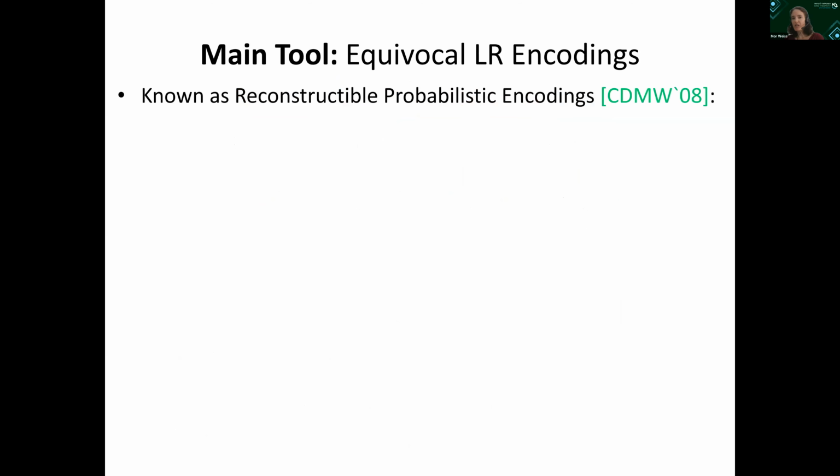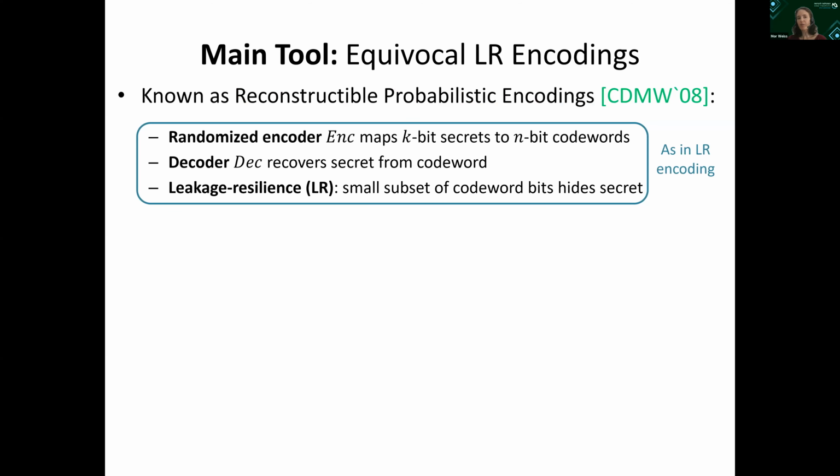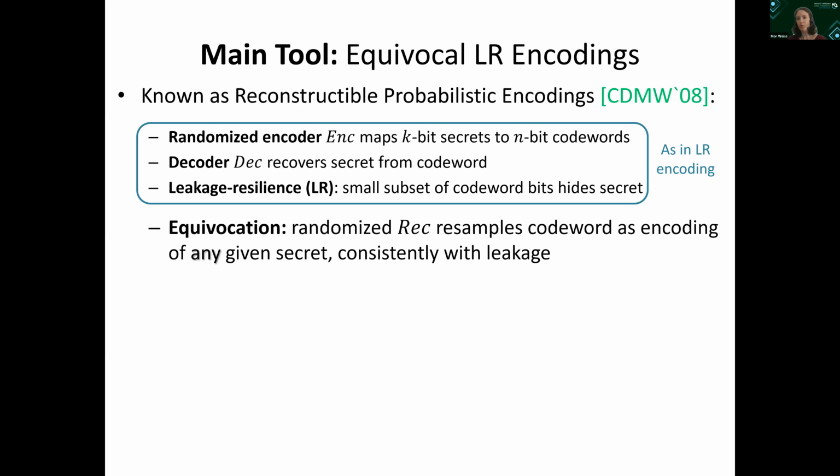So the primitive that we need is not leakage resilient encoding, it's equivocal leakage resilient encoding, also known as reconstructible probabilistic encodings. These encodings have a randomized encoder and a leakage resilience guarantee, as in standard leakage resilient encodings, but they also have an equivocation property, which means that you can explain the leakage in retrospect as the encoding of any arbitrary secret.